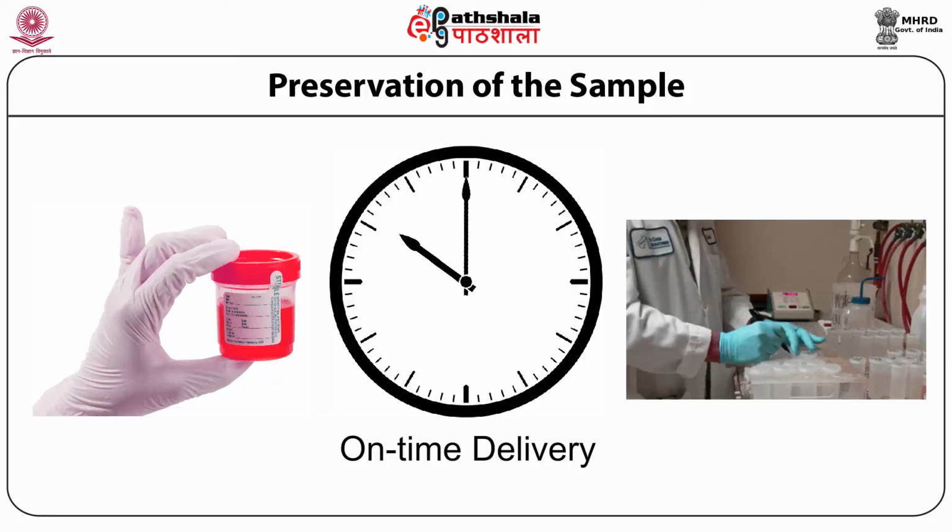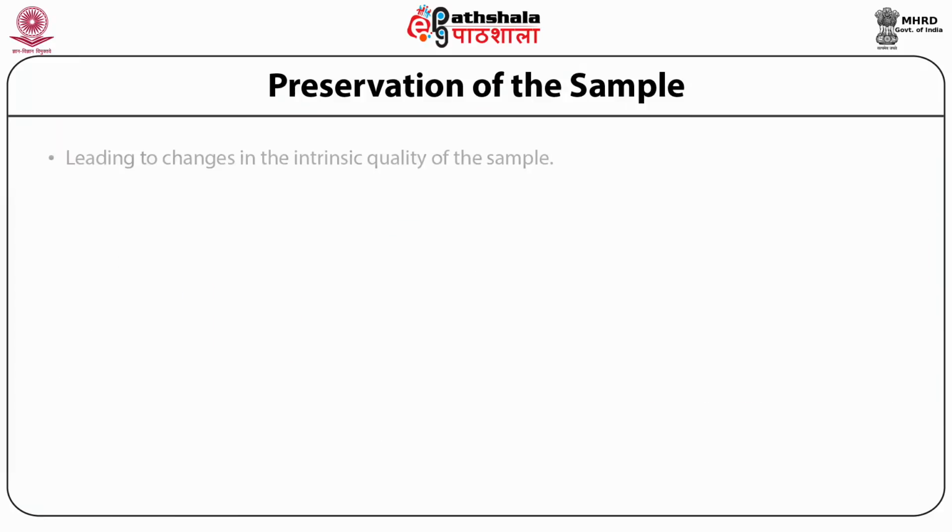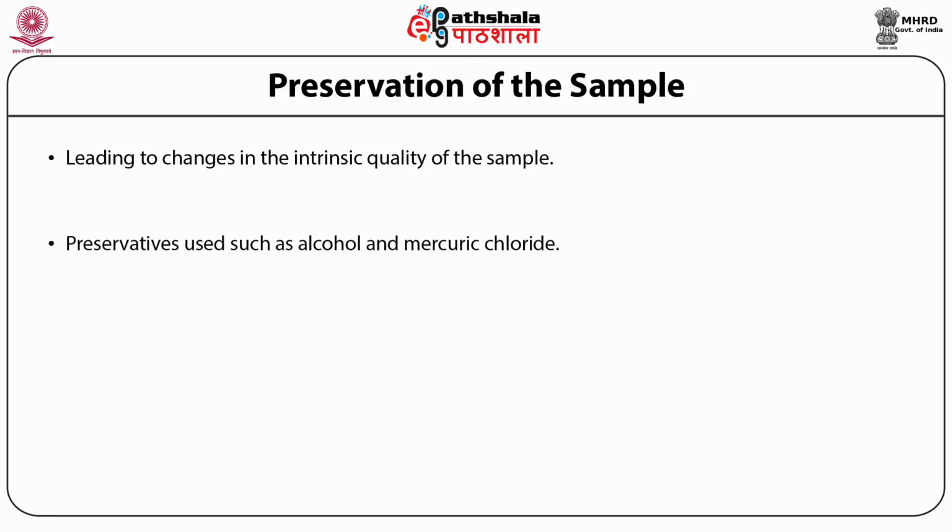The preservation is required between the time a sample is collected and analyzed in the laboratory. Physical, chemical and biochemical reactions may take place in the sample container, leading to changes in the intrinsic quality of the sample, making it necessary to prevent or minimize these changes with suitable preservatives such as alcohol and mercuric chloride.